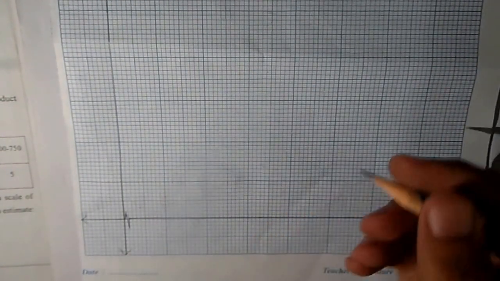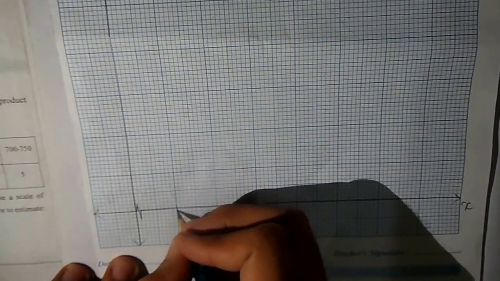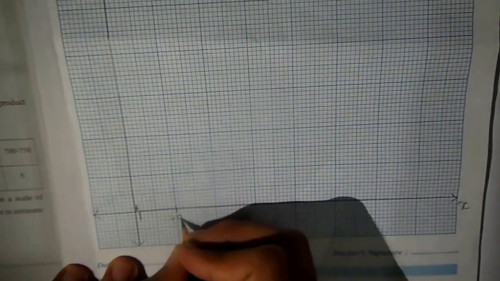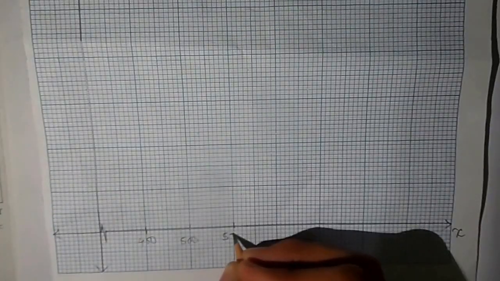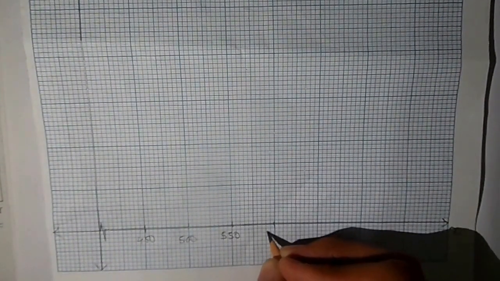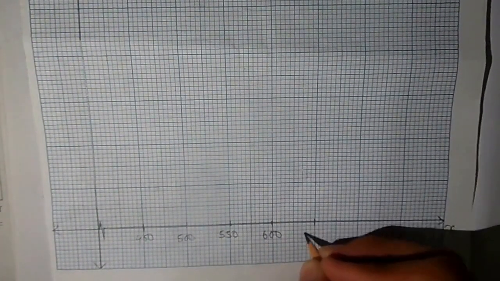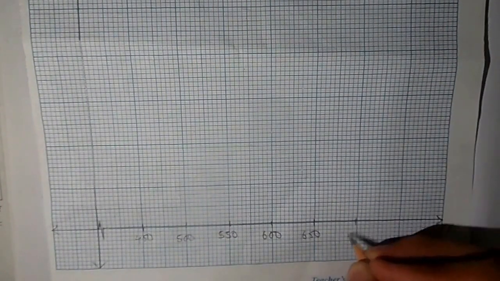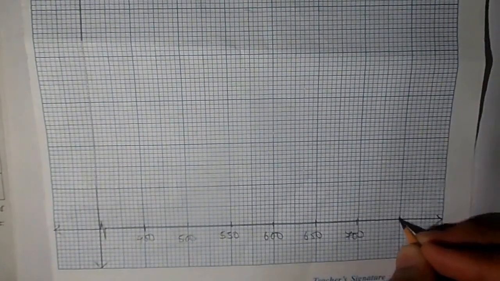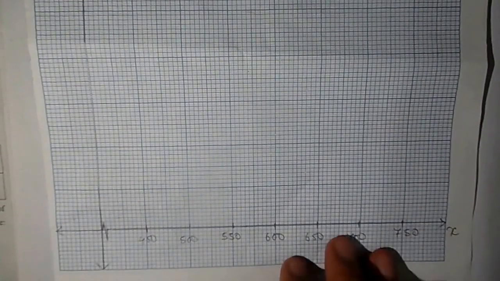Okay, so this is important. Remember this. So let's start plotting some points. 2 centimeter equals rupees 50 on the x axis. So let's make it 450, 2 centimeter 500, 550, 600, 650, 700 and 750.